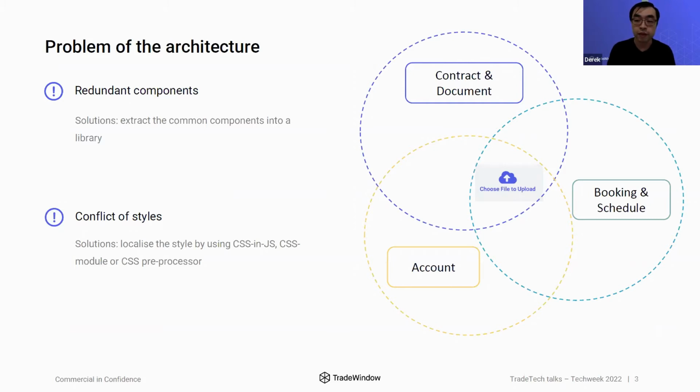But each micro app is standalone, so each micro app will develop its own version of the same components, which is redundant. For the solution to this, we recommend that we extract the common components into a separate library, so each micro app can import and reuse the components.